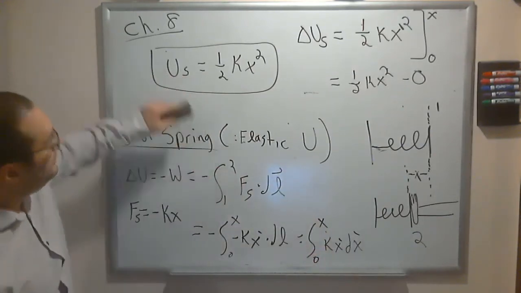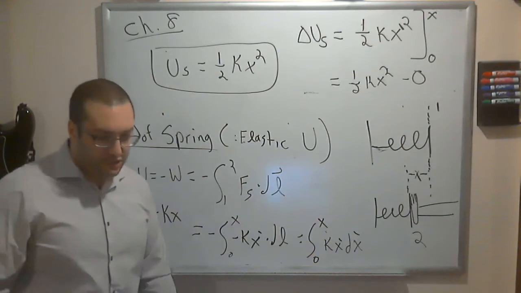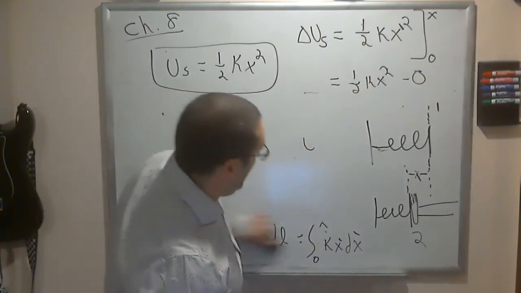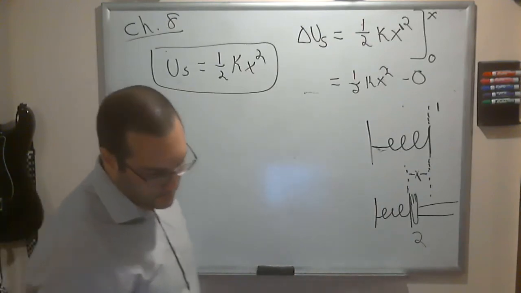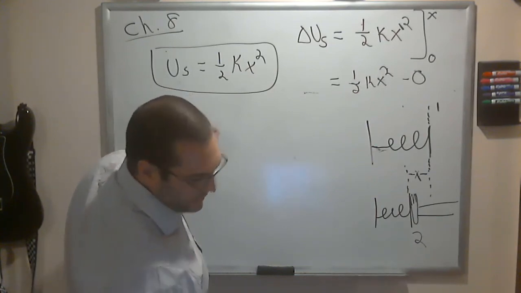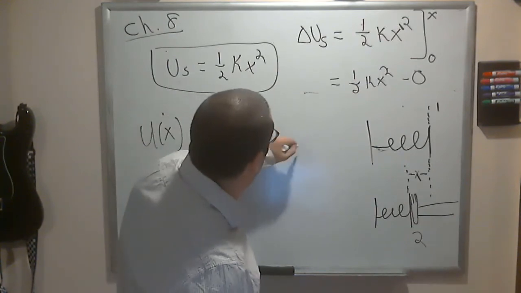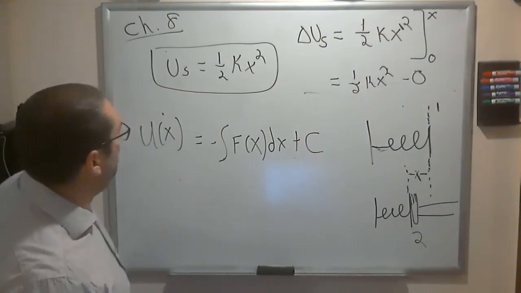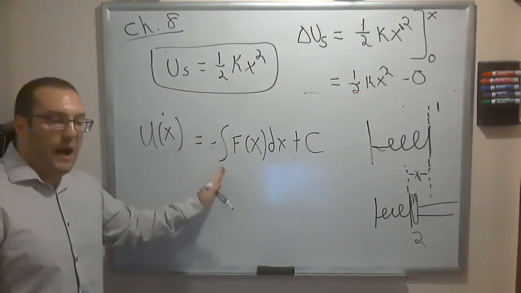So it's easier to start with the potential energy and to figure out the forces from the potential energy. So how do we do that? The work is given by that dot product integral, right? So we have this, generally. Now, let's get back the force from this. How can we do that? Well, a derivative is just the opposite of an integral.